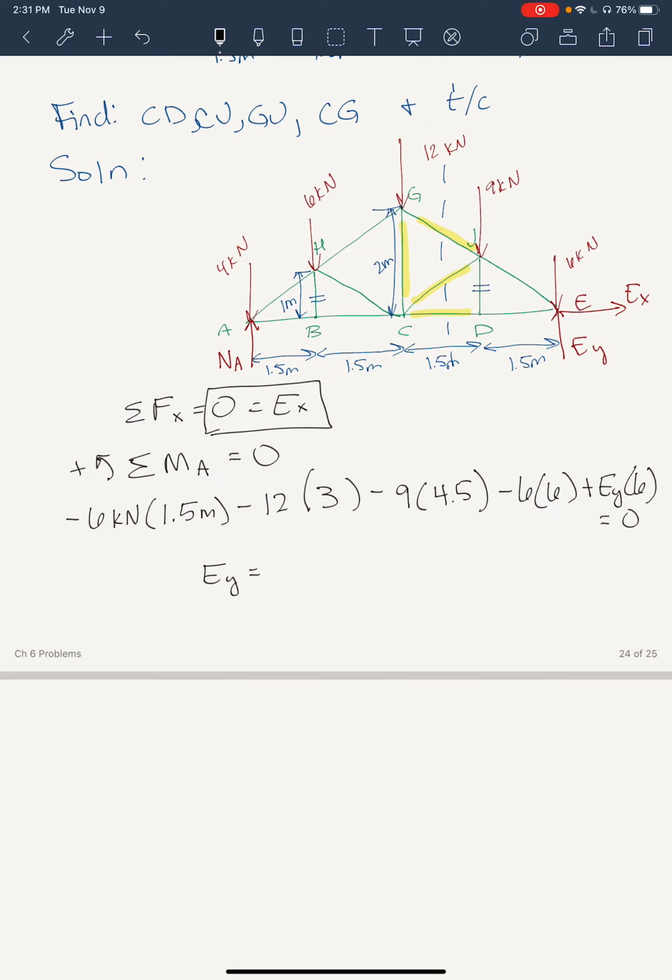So then we get EY equal to 20.25 kilonewtons.